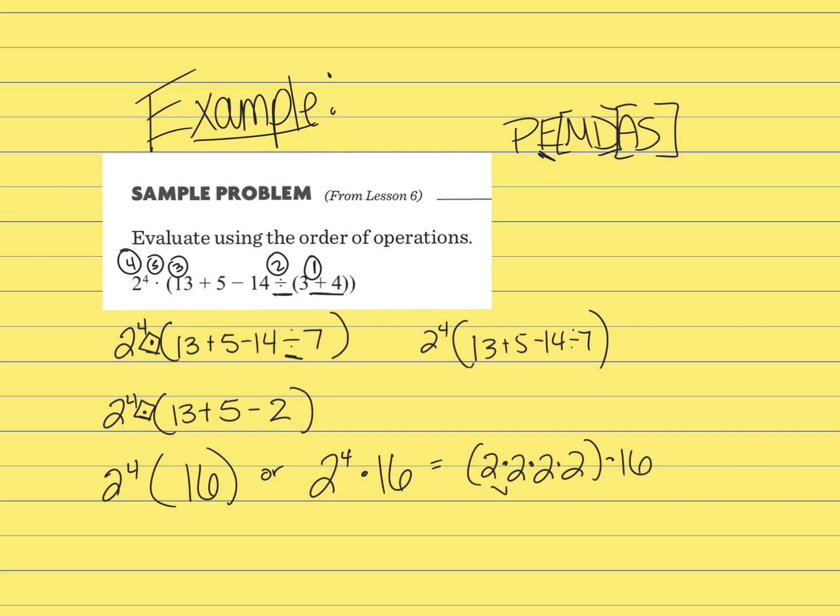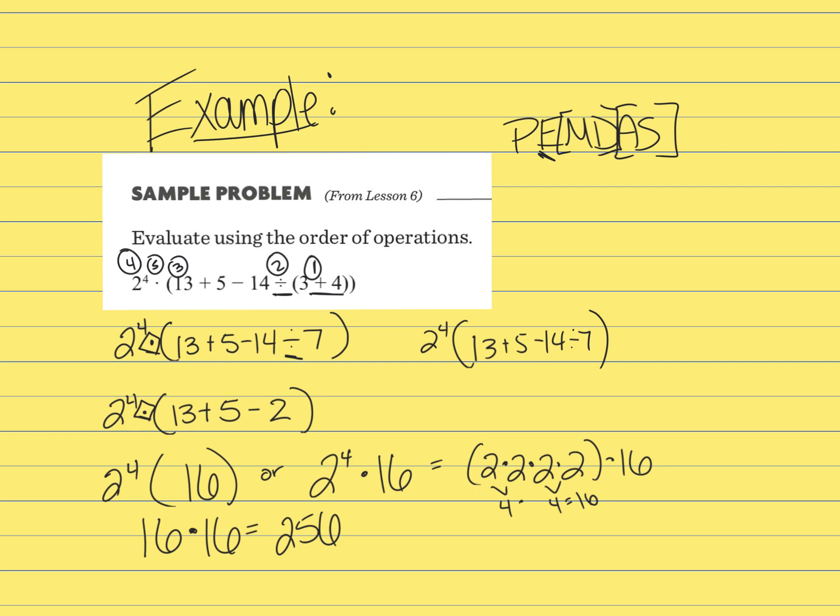Okay, so I have 4 times 4, which is 16. So I have 16 times 16. And when you do 16 times 16, you should get like 256, something like that. Someone double check me with a calculator.